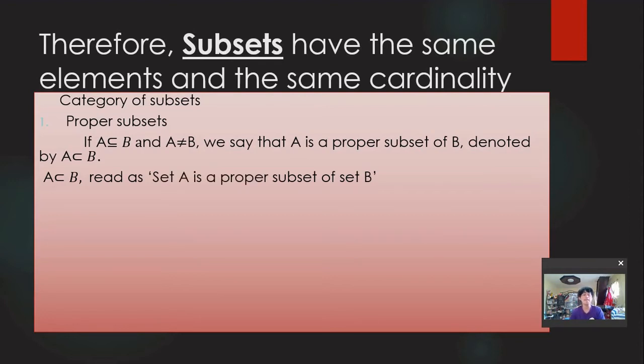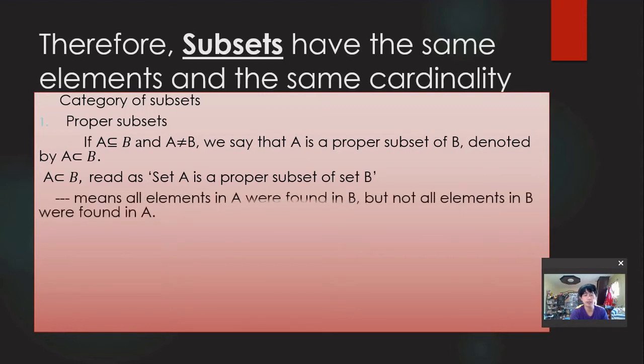A is a proper subset of B. Set A is a proper subset of set B. So this means that all elements in A are found in B, but not all elements in B are found in A. Now, do you understand this meaning? All elements in A are found in B, and not all elements in B are found in A.